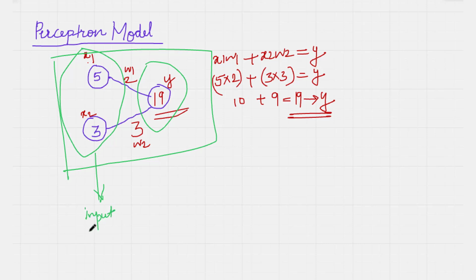The very first layer is the input layer where you pass all your input values, and the very last one is called the output layer. There is one more concept called hidden layers, where we add multiple layers inside the neural network. But for now, as we are seeing a perceptron model, it is a basic one-layered neural network.